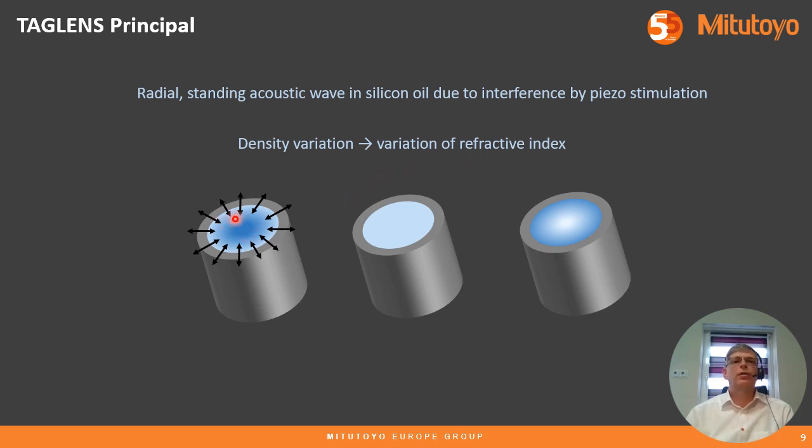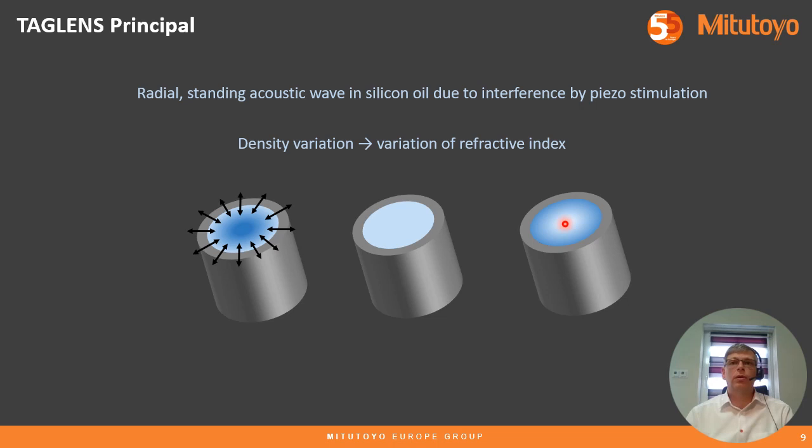On the left part, you see the picture that illustrates a high refractive index, therefore a high density in the center, and a lower density, therefore lower refractive index, in the outer part. In the middle image, we have a homogeneous density distribution and therefore a homogeneous refractive index. On the right part, we see a picture with a low density in the center and a high density at the outer part.